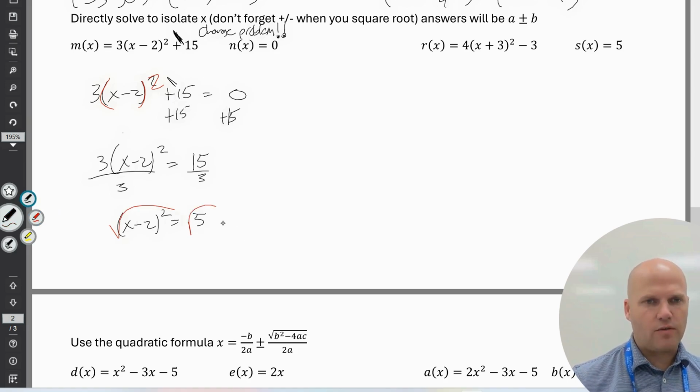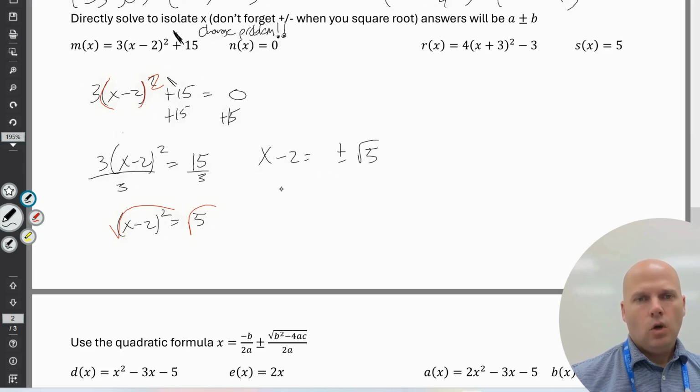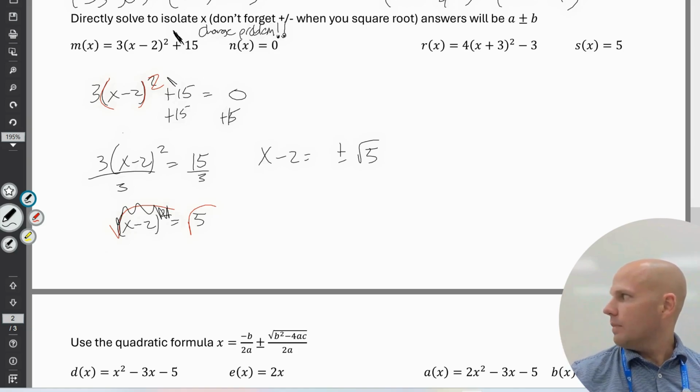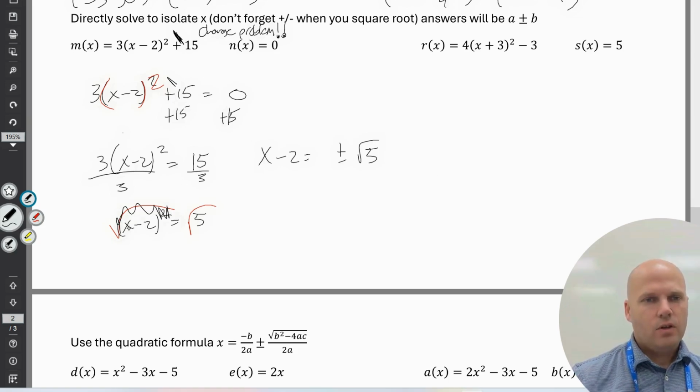Now, when I square root to solve an equation, I get plus or minus root 5. Well, I'm not done. I have gotten rid of the square. I would not square root the 2 because it's just squaring that outside squared. So I'm just going to have the square root go away. I have the plus or minus root 5, but now I'll add 2. And this is my answer.